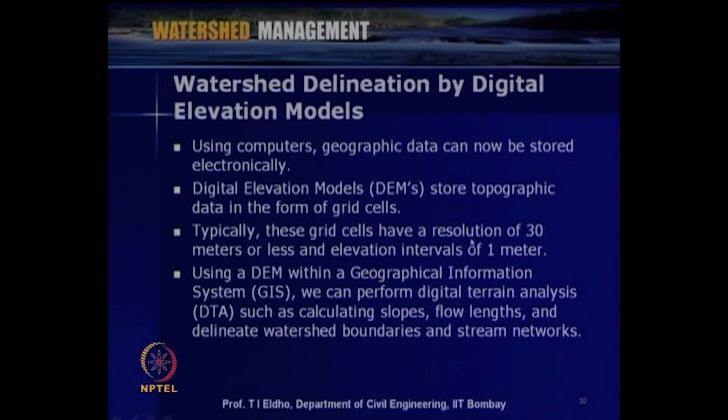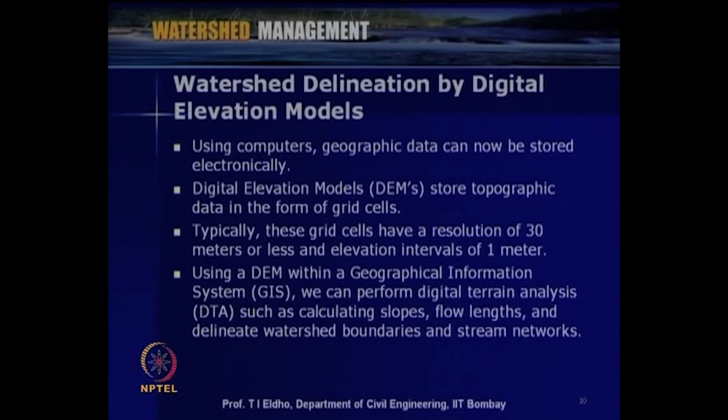Typically, these grid cells have a resolution of 30 meters or less. 30 meters is actually very coarse now, but with sophisticated packages and better contour intervals, we can have a very good digital elevation model, to the order of 1 meter or even 0.5 meter.